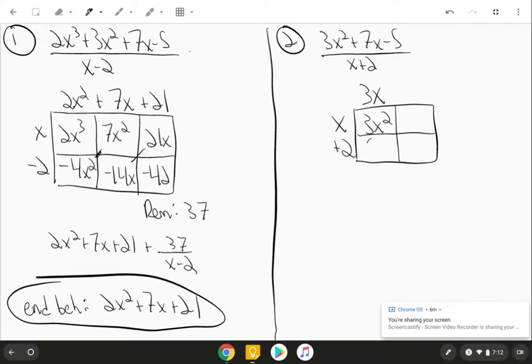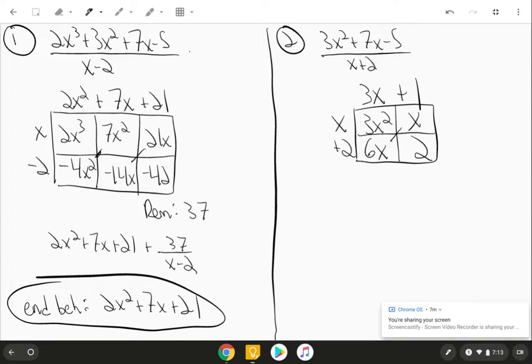That's going to make this a 6x. For my diagonal, 6x plus, looks like we need to make this a 1x. 6x and 1x gives us 7x. For our next column, x times 1 is x, and that's going to make this a 2.